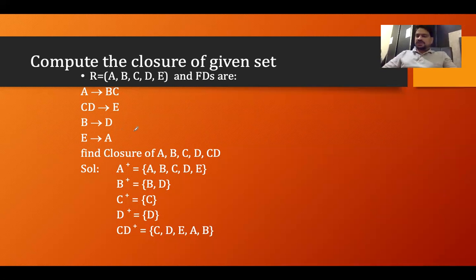By seeing it, it is not possible to find which is duplicate, right? B is determining D. Can we have B determining D again? No. E is determining A. Can we have E determining A again? No. We cannot see the redundancy or the duplicacy visually here.